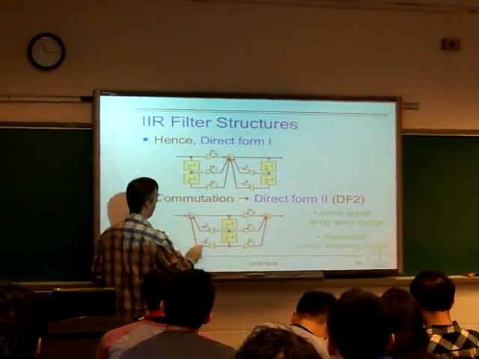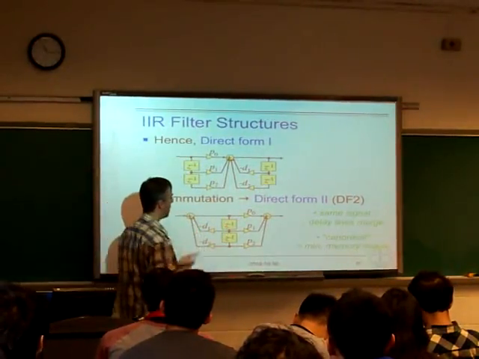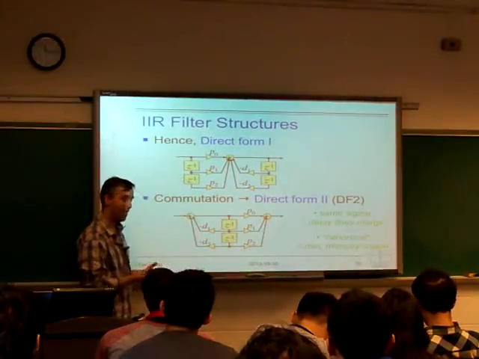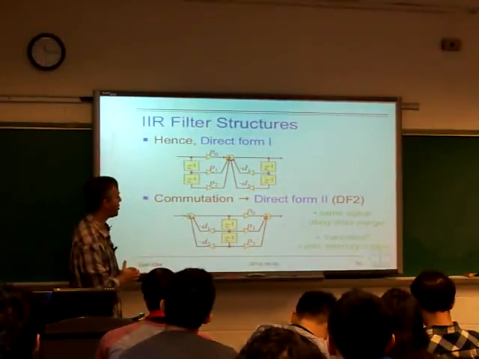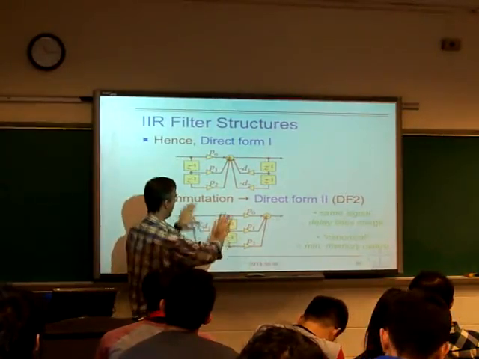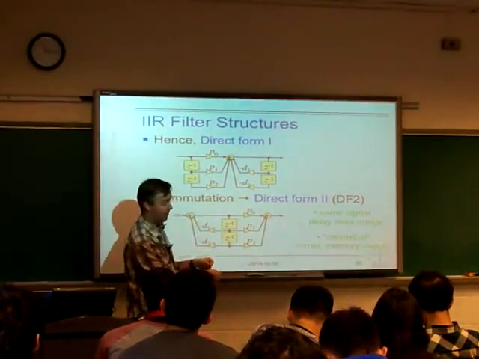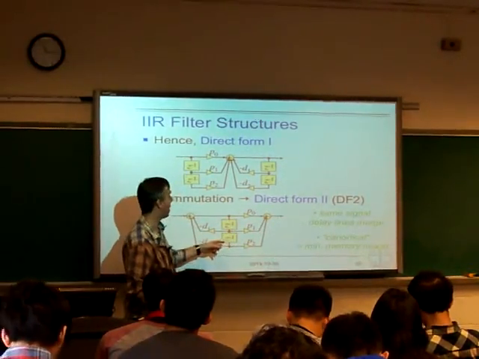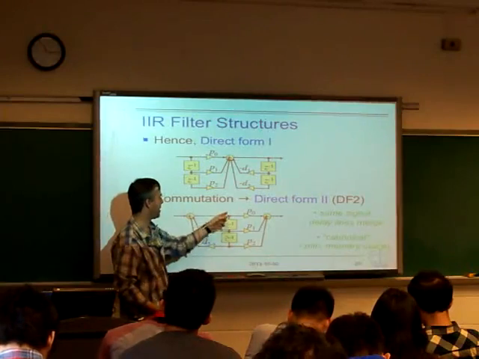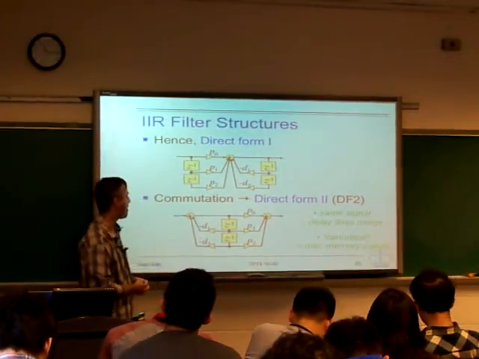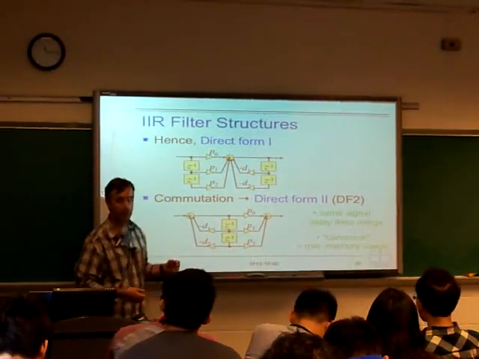So then we have the pole part here, followed by the zero part, but that's going to give you the same effect because it's just the product of those two transfer functions. But now we end up with these delay lines which are delaying the same values, the intermediate values, and so we just have to have a single delay line in here delaying these intermediate values, the values after the poles but before the zeros are applied, which means that we end up with less memory.